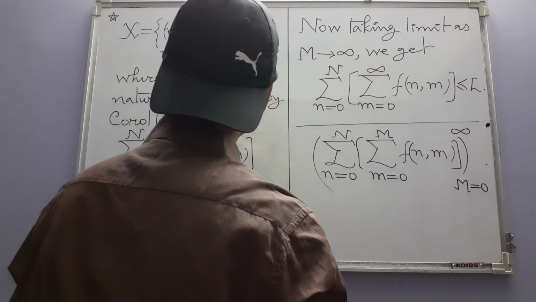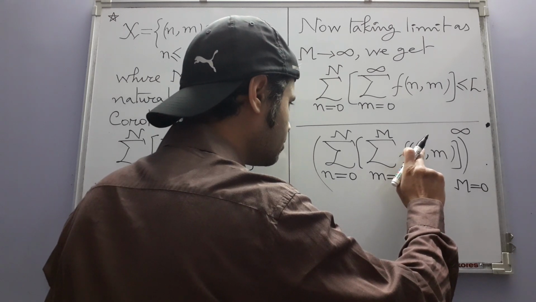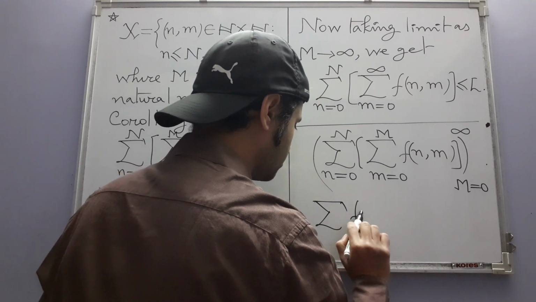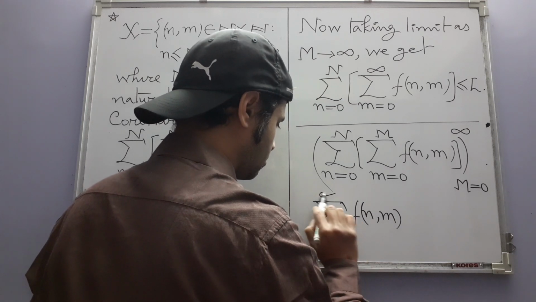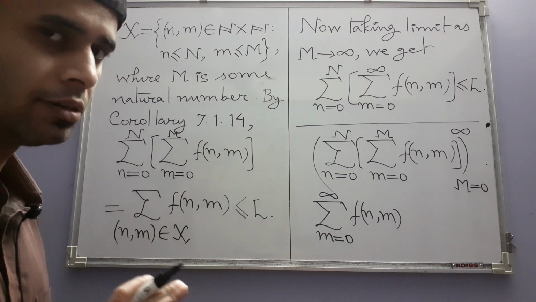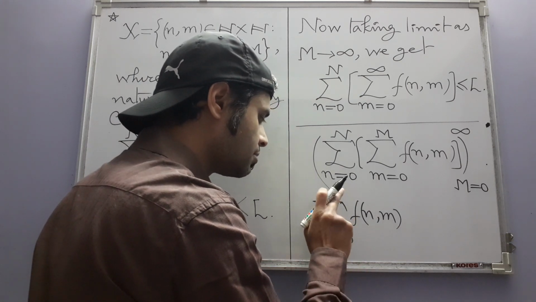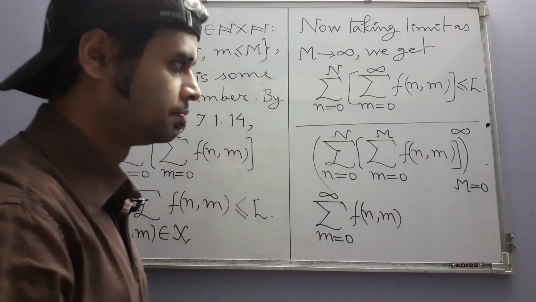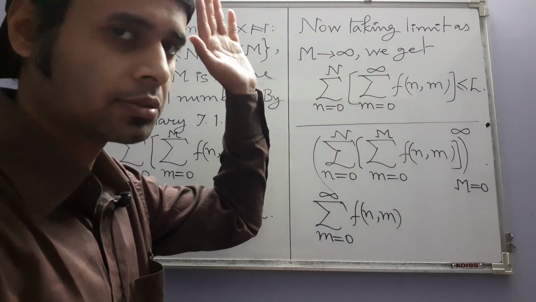The reason is that we have already proved that regardless of the value of small n, this series is convergent. And in fact, the sum is less than or equal to capital L. That information also we have. And the sequence of partial sums of this series has this term as its general term, where when you vary capital M, you get the terms.